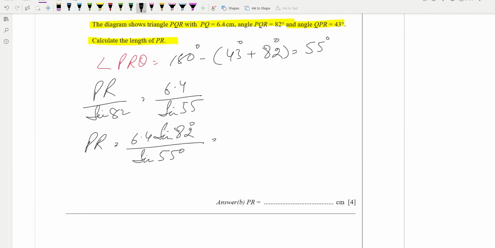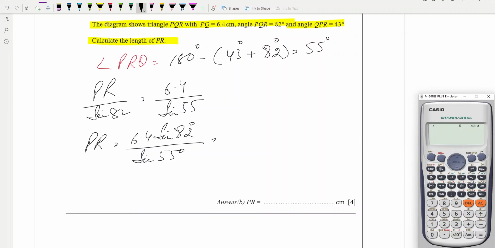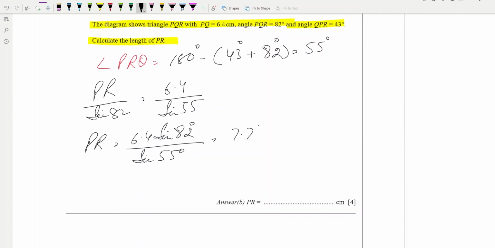If we use the calculator, it will be 6.4 sine of 82 bracket close divided by sine of 55 bracket close, and this results in 7.736. So we can write 7.74 up to 2 dp.